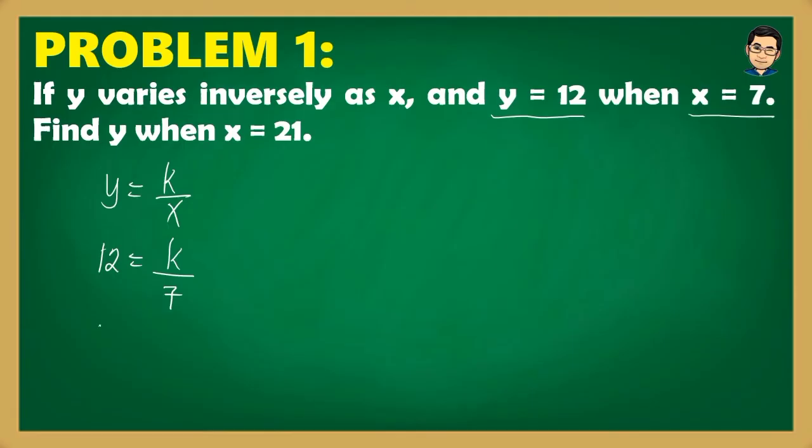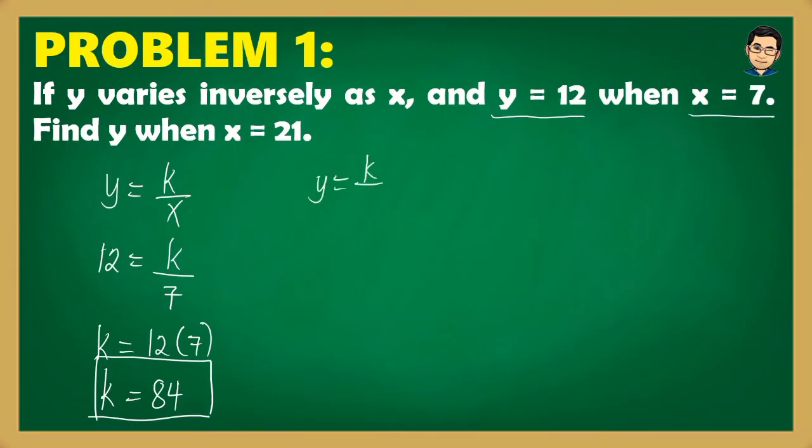So, magiging k is equal to 12 times 7. So, the product of 12 and 7 is 84. So the constant of variation for this given problem is 84. Next, for us to determine the value of y when x is equal to 21, we use y is equal to k over x.